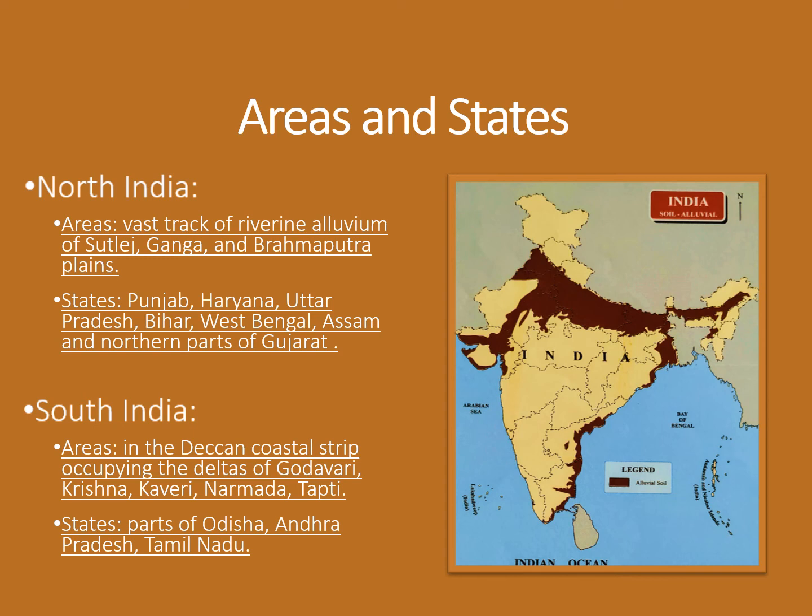While in South India, only parts of Orissa, Andhra Pradesh and Tamil Nadu are the places where alluvial soil is found. You can take it as a snapshot for your further reference if you want, as it comes in the exam for locating the alluvial soil in India, especially for ICSE students.